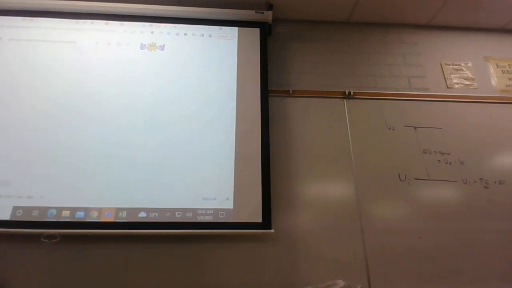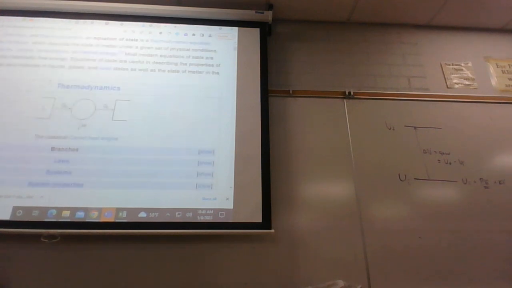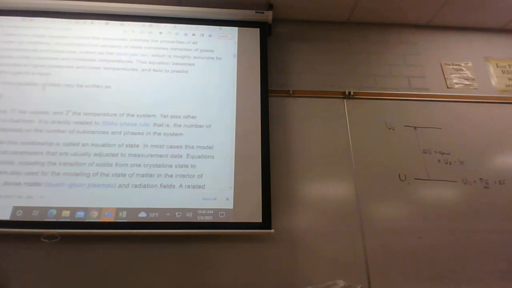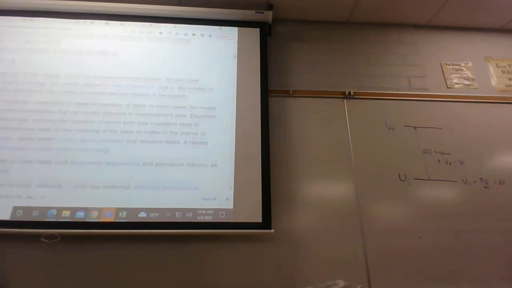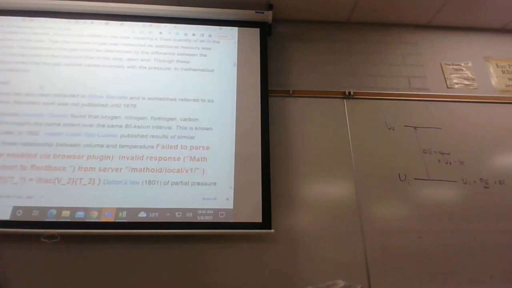The italic font is not working. Let me put it back in a second. This is the equation of state. And we need to know, because the energy depends on that particular thing. So we have to know what it is at the beginning and what it is at the end.